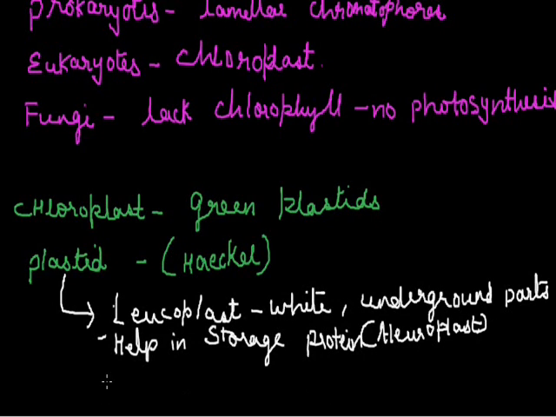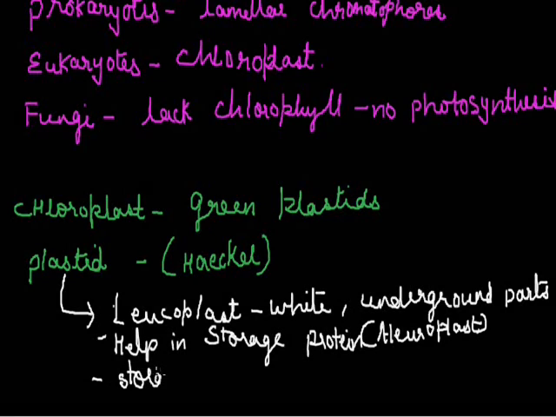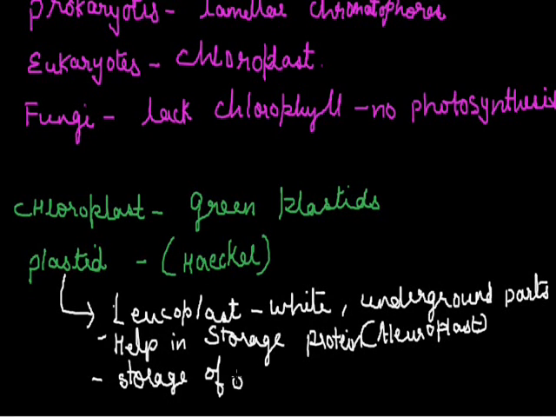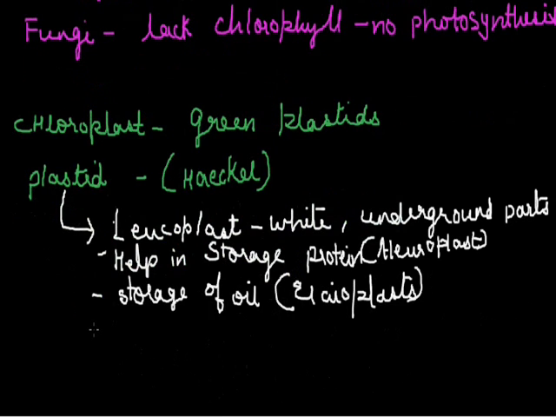If they are helpful in the storage of oil, they are called elaioplasts. And if they are helpful in the storage of carbohydrates or starch, they are called amyloplasts.